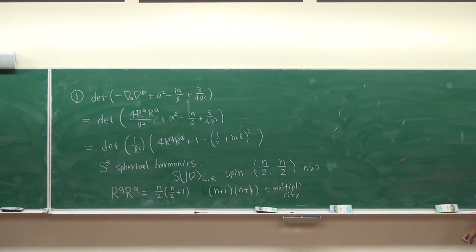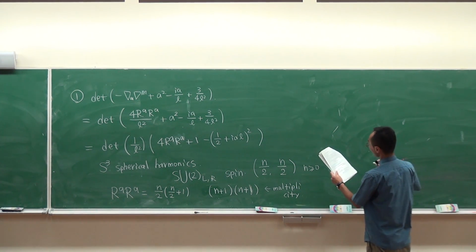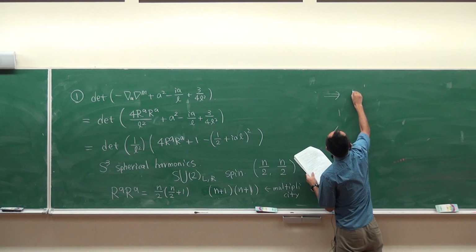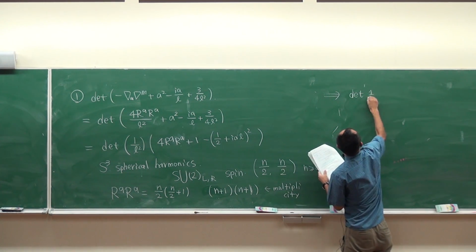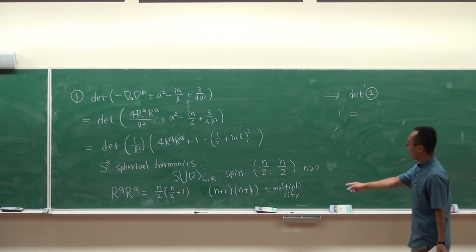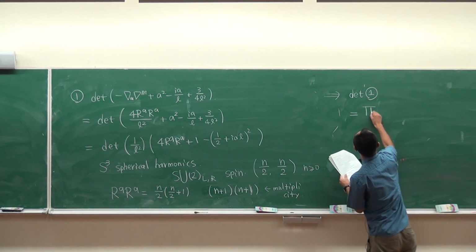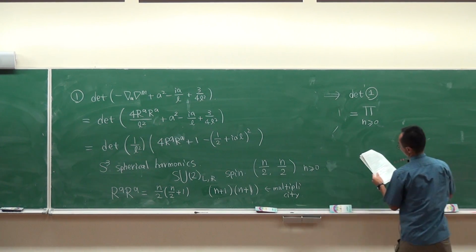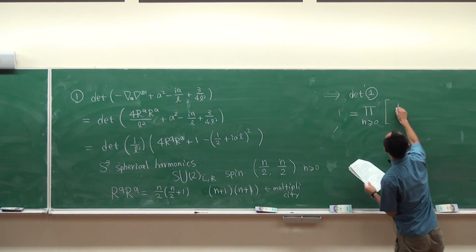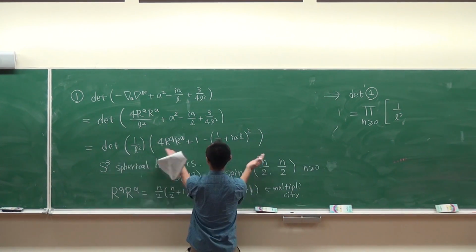Okay. Now the result for the determinant is just the product over the non-negative integers n. I'm just computing the expression appearing here.